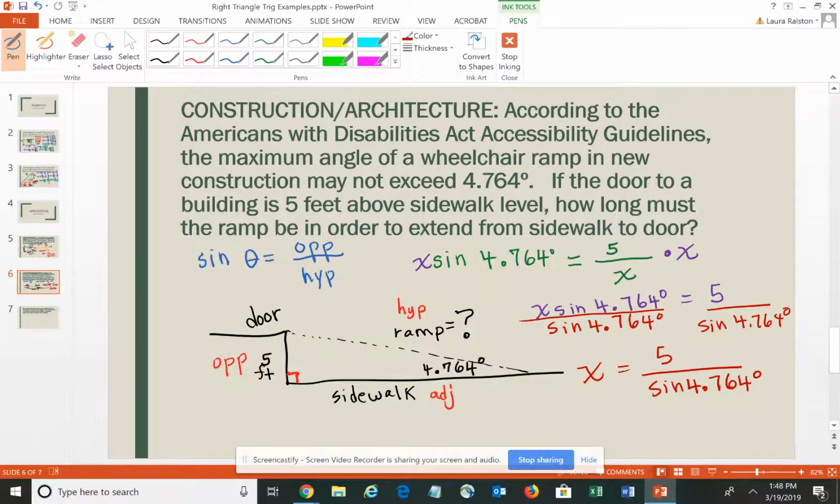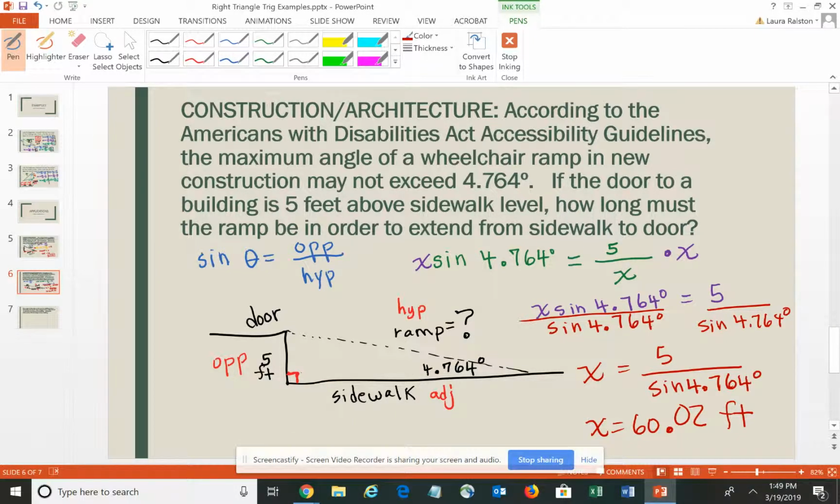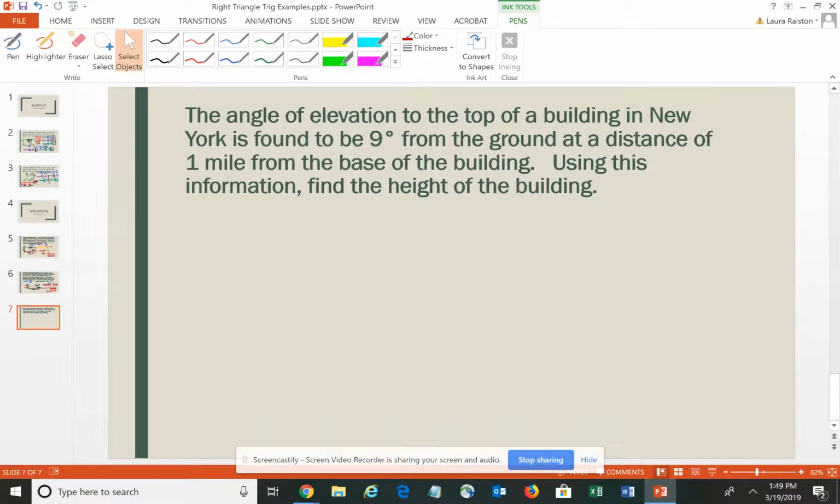So x is 60.2 feet. So roughly the ramp would have to be about 60 feet long, just a little bit more than 60 feet in order to be long enough and at an appropriate angle for the American Disabilities Act.